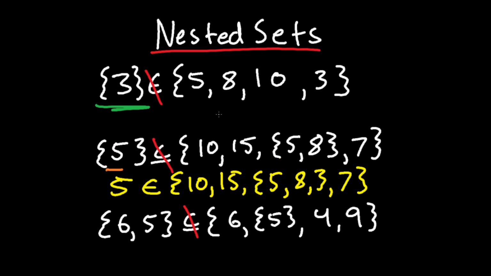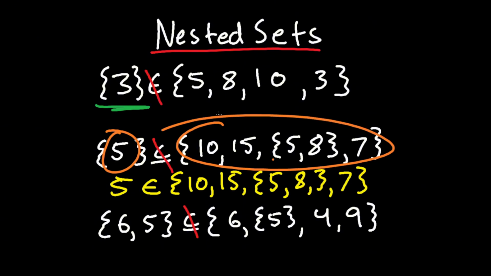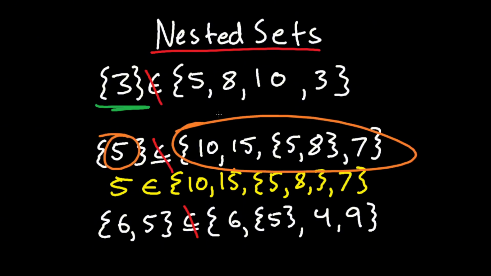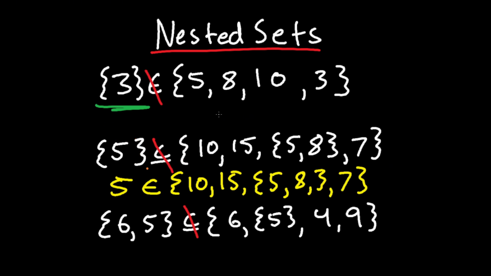So the set 5 is not a subset of this guy because every element in this set does not exist in this set, okay? Every element in this set must exist in this set for it to be a subset. All right, so 5 is not an element of 10, 15, the set 5, 8, 7. Therefore, 5 is not a subset of 10, 15, the set 5, 8, 7.